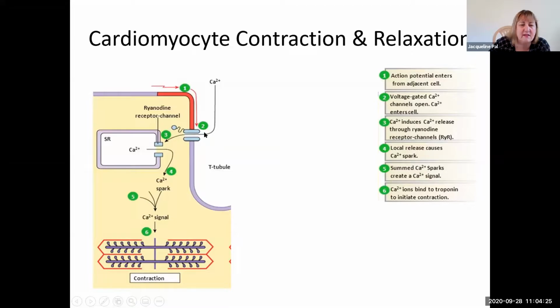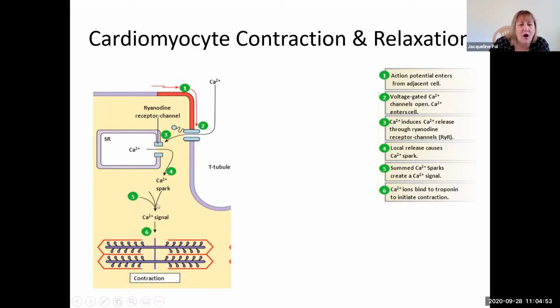The gate door is now open, and we have this slow but persistent influx of calcium. Calcium diffuses in the cytosol and then binds to the ryanodine receptor on the sarcoplasmic reticulum, allowing calcium to exit. Positive feedback, we get more and more calcium exiting the sarcoplasmic reticulum, and we get this calcium spark.